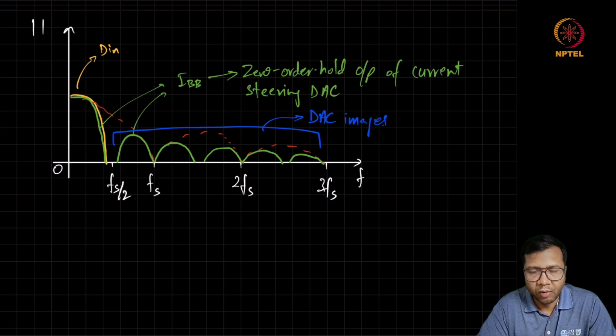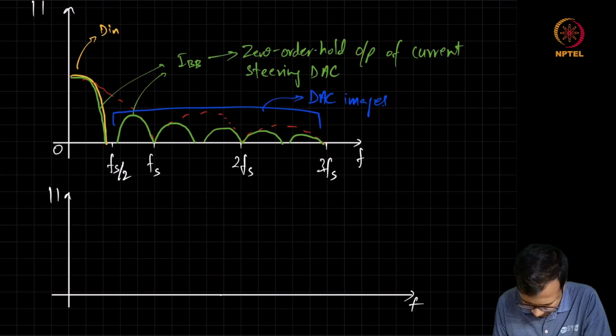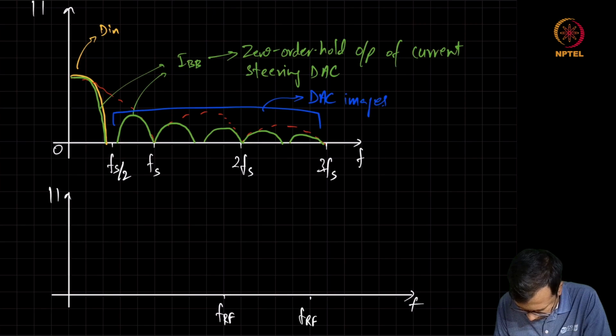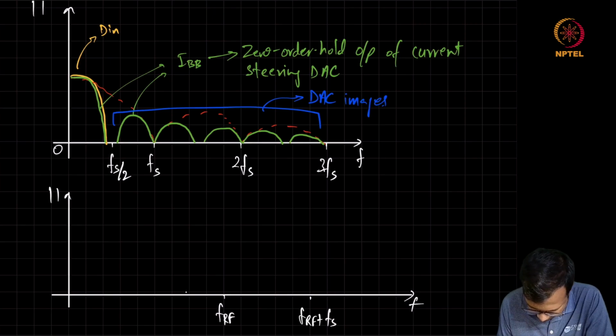And now if we look at the output spectrum at the RF, let's say this is the center frequency of the RF output, Fs, RF minus Fs.